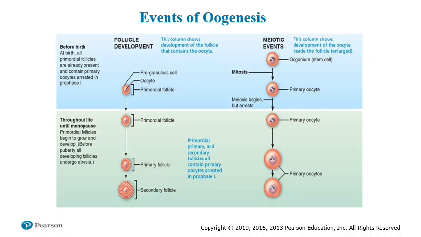The primordial follicles will develop in the fetus, and the primary oocytes are arrested in prophase 1 when we are in the fetal stage.